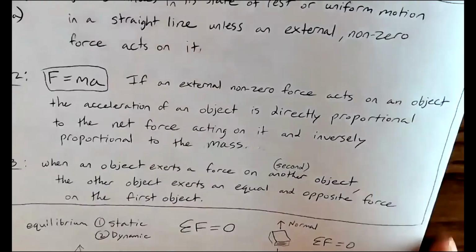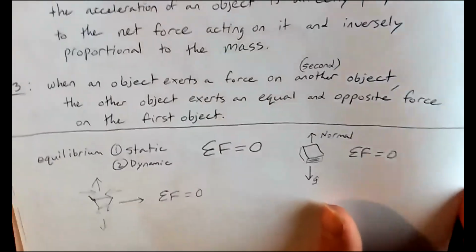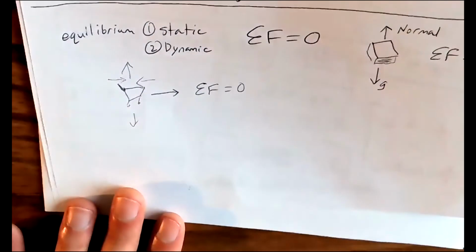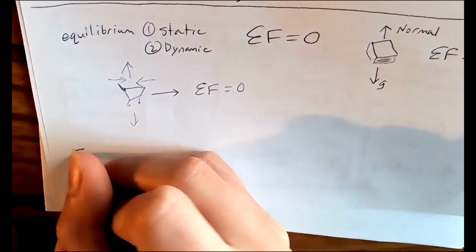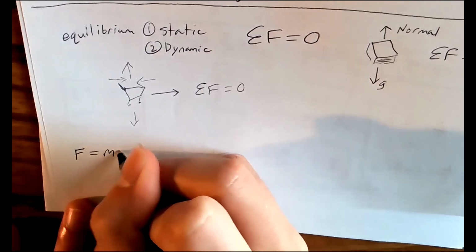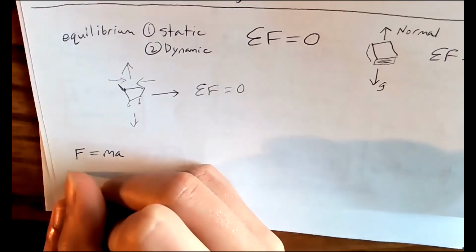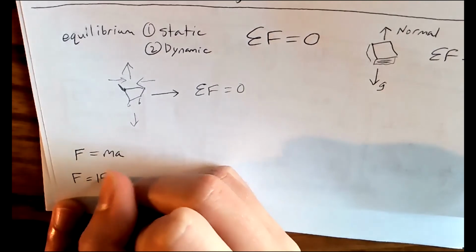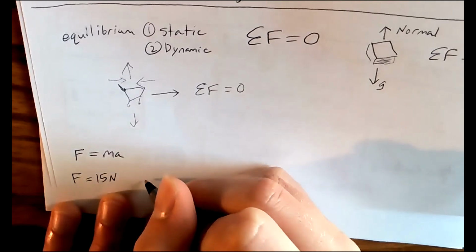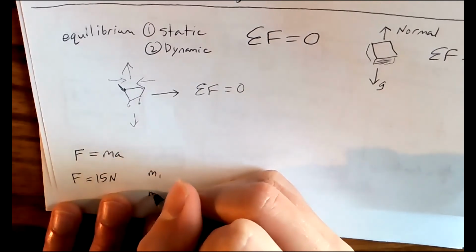So let's get down here. If we have a force, F equals ma, that force is 15 newtons, mass 1, mass 2.